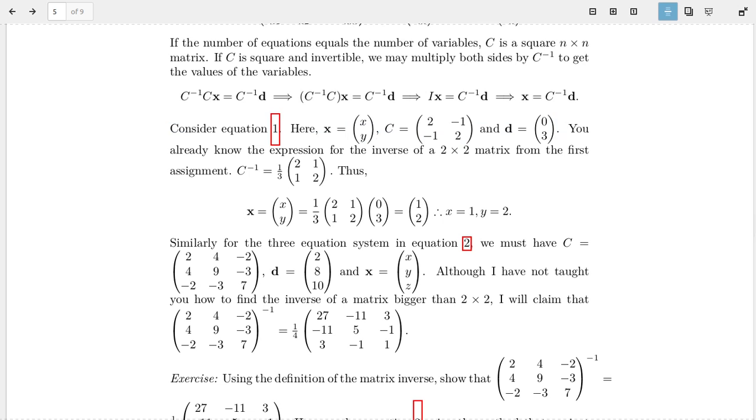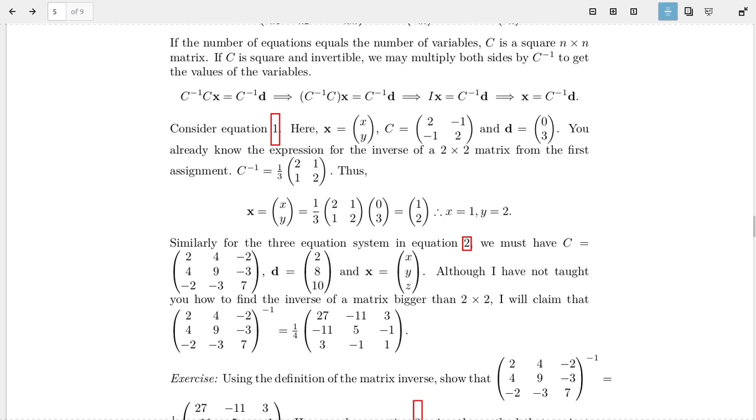Now, let's go through this procedure to solve the equation. You have Cx equals D, and x is, of course, given by C inverse D. Now, what is C inverse? From the first assignment, you know how to calculate the inverse of a 2 by 2 matrix. I haven't taught this to you for higher order matrices, but you know this for a 2 by 2 matrix.